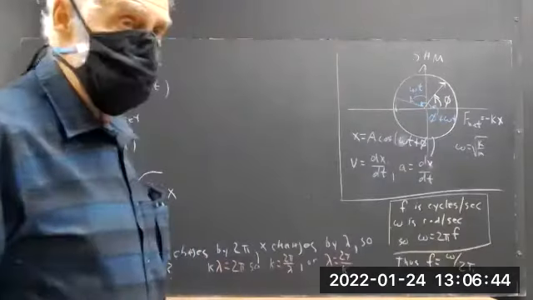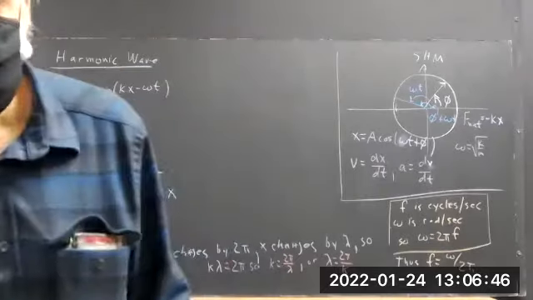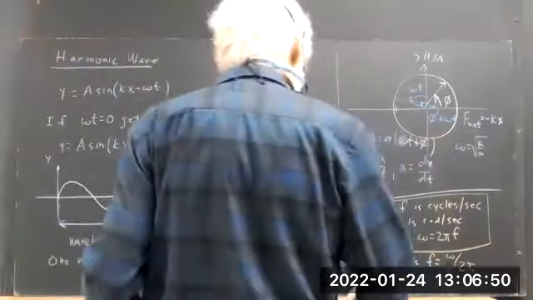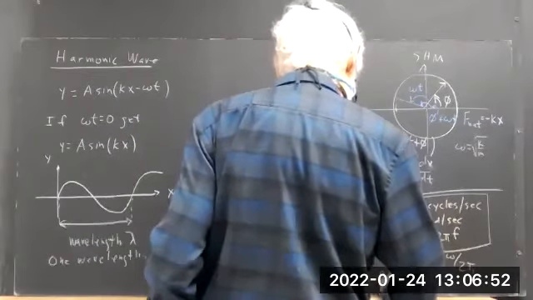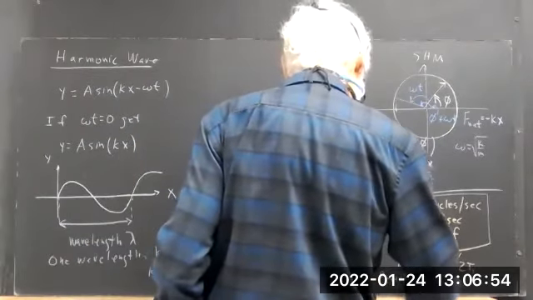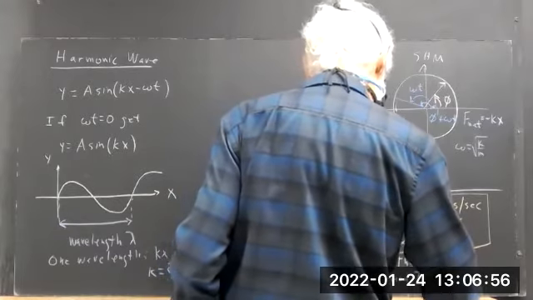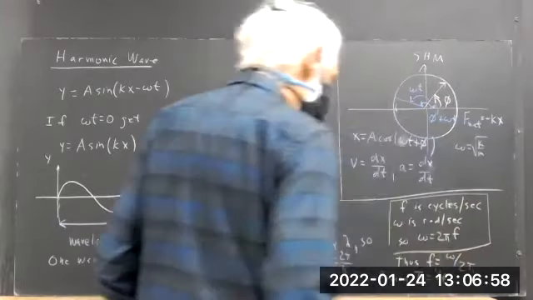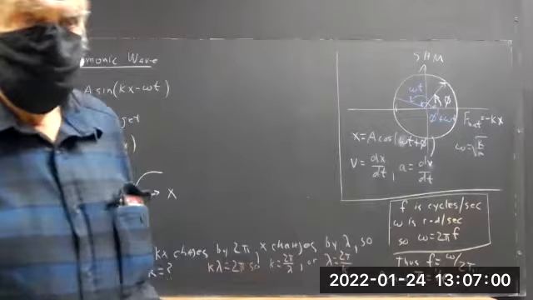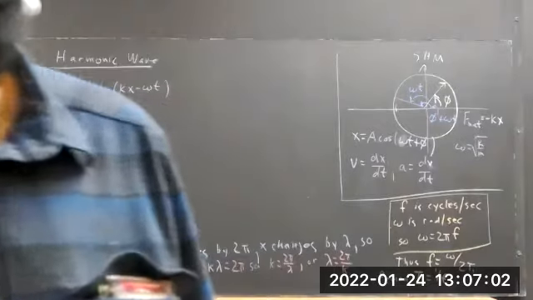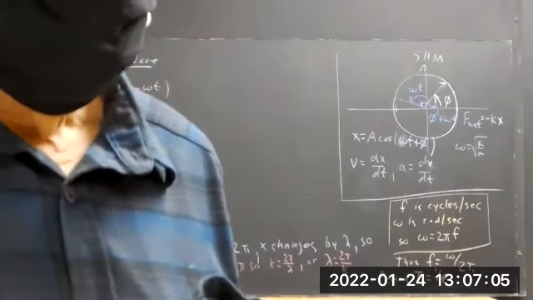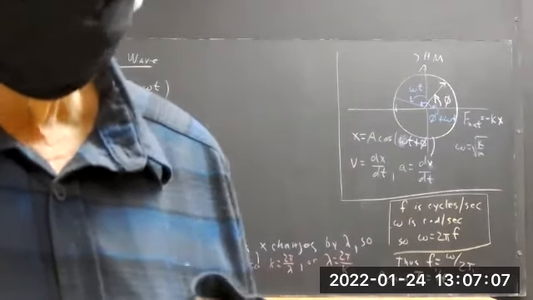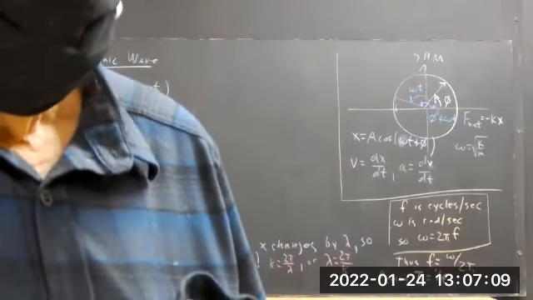Your frequency will be omega over 2 pi. And your period is the reciprocal of frequency. If the frequency is 4 cycles per second, then the period is 1/4 of a second.